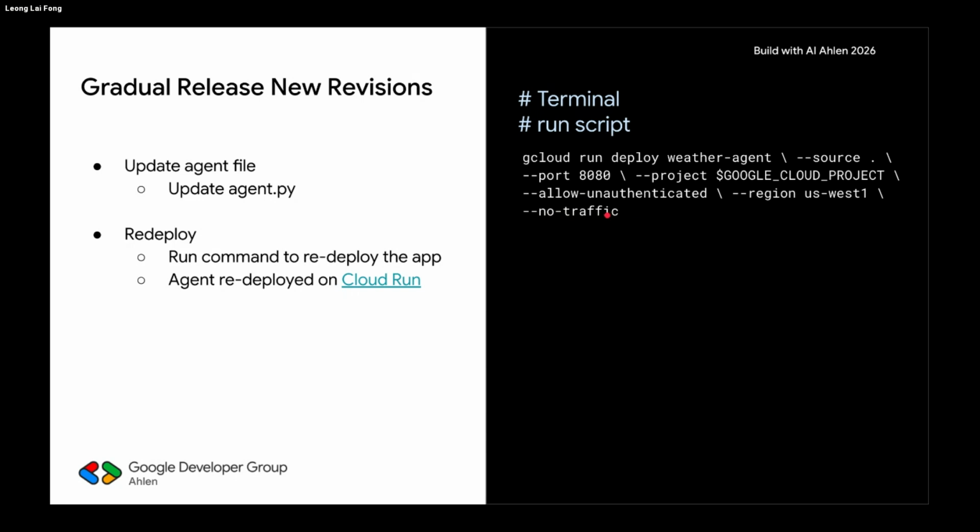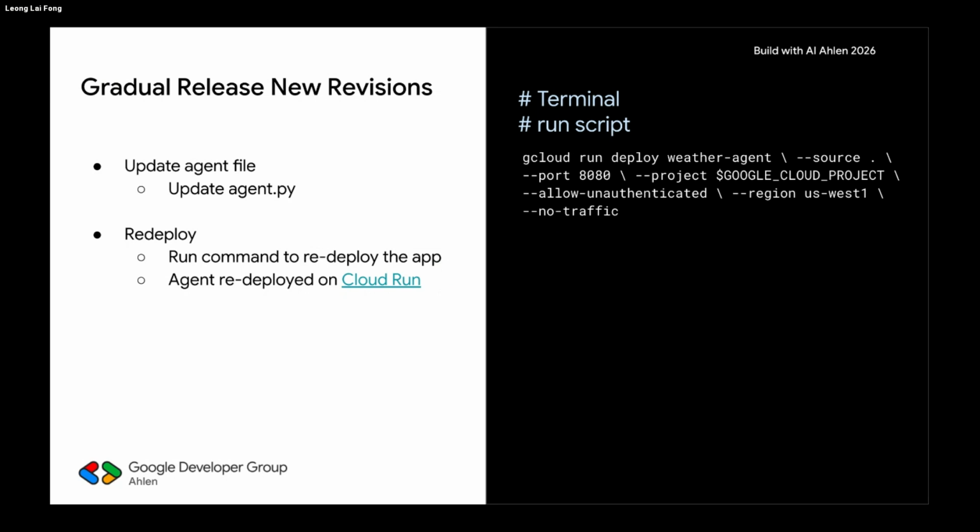What we will do next is set the traffic in Cloud Run. Depending on your design or need, you can slowly route your traffic to the second new revision in a more planned and careful manner.